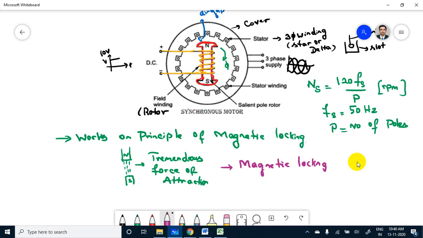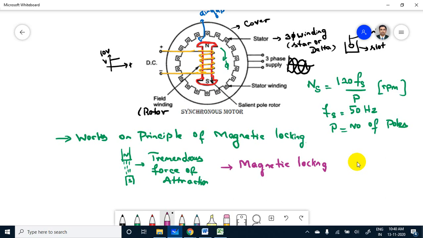Magnetic locking means when the two unlike poles, a north pole and a south pole, are brought near to each other, whatever charges are available in the first pole will be attracted by the other pole. So there will be a tremendous force of attraction. This concept is known as magnetic locking.